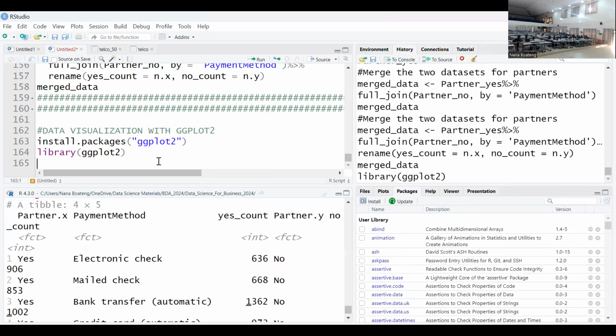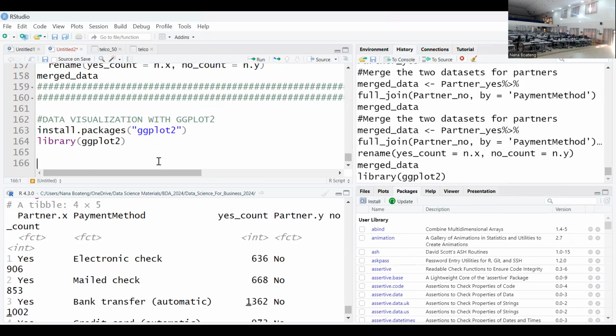Okay, so let's look at the basics of ggplot2.